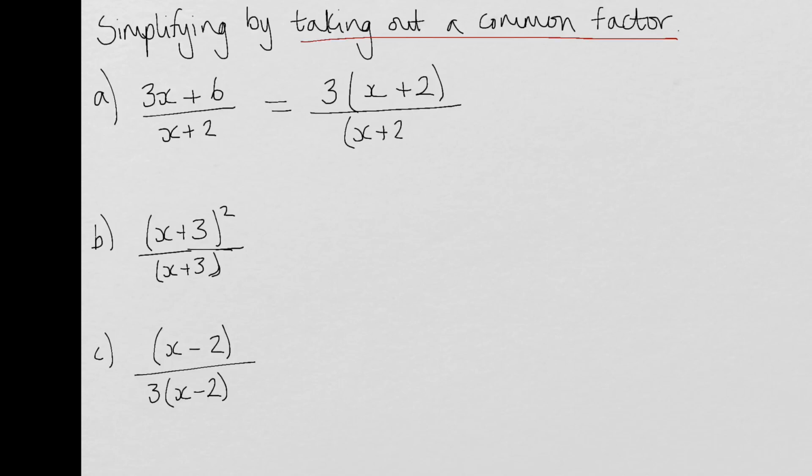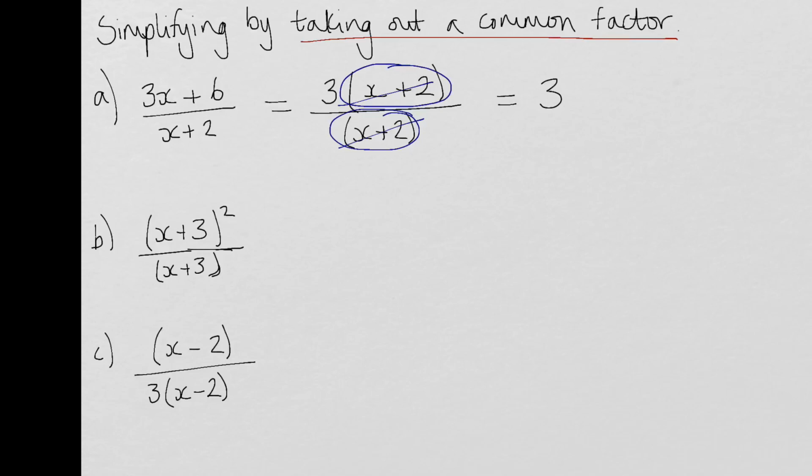So notice what we have now. I've got the same thing in my numerator as I've got in my denominator. So x plus 2 divided by x plus 2, they are going to cancel out, and my answer is quite simply going to be 3. You wouldn't have thought that when you looked at the question at the start, that the answer would be 3, would you? But maths is cool.